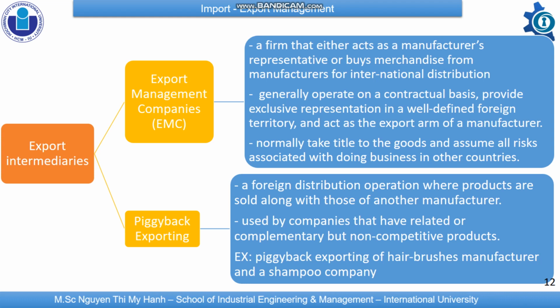For example, my company sells hairbrushes, and another company sells shampoo. We want to combine hairbrush and shampoo, and the shampoo company already has an exporting system. So my company will cooperate with that company and export via their exporting system.